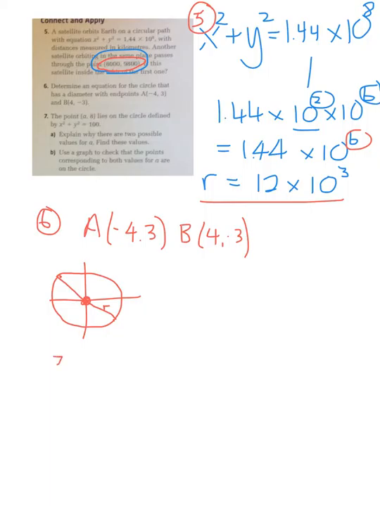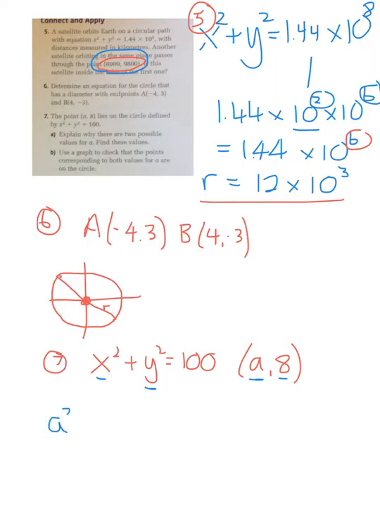Question 7 tells you you've got an equation, x squared plus y squared equals 100, and it gives you a point on the line of a comma 8. Well, you just substitute a in for x and 8 in for y, and you're going to get at the end of it something like a squared equals a number, and therefore a will equal plus or minus the answer, and that's the answer to the question.